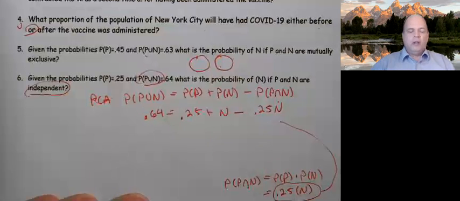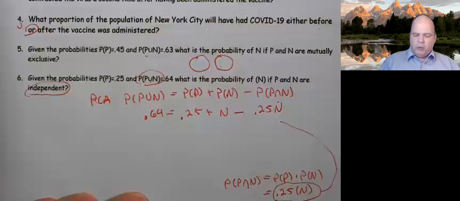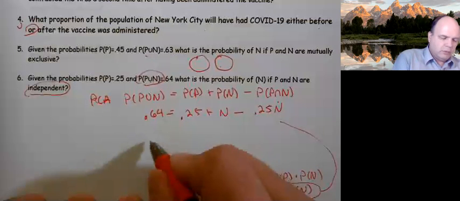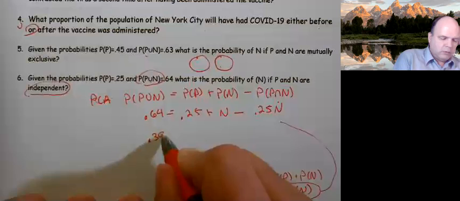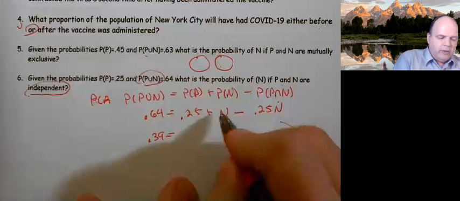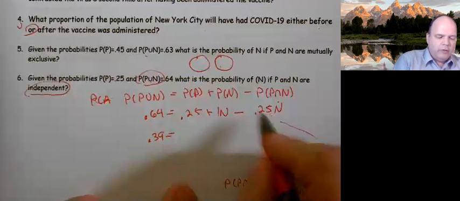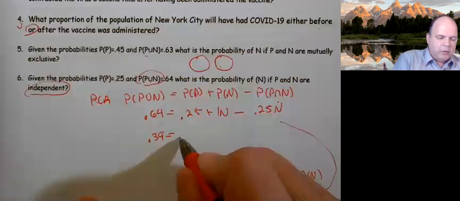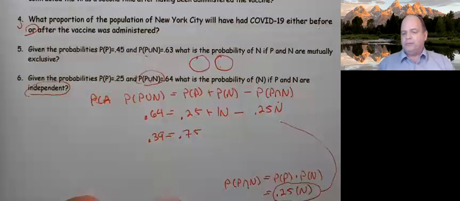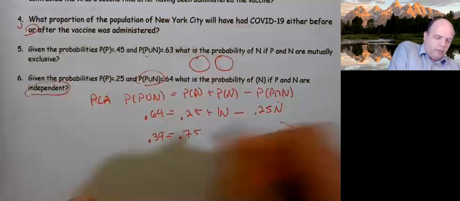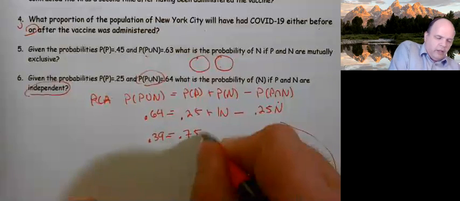When I subtract 0.64 minus 0.25, I end up getting 0.39. And this is 1N minus 0.25N, so this becomes 0.75N.